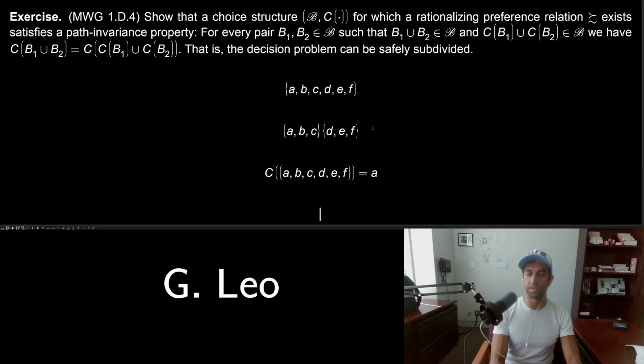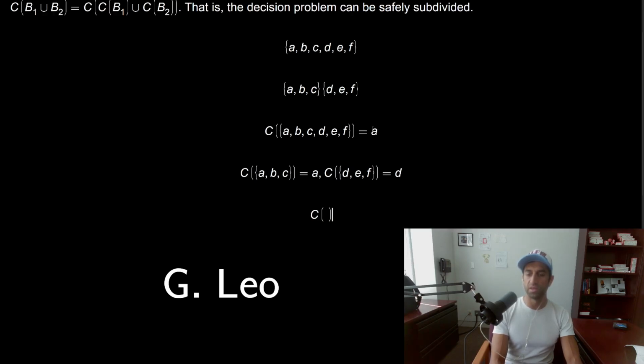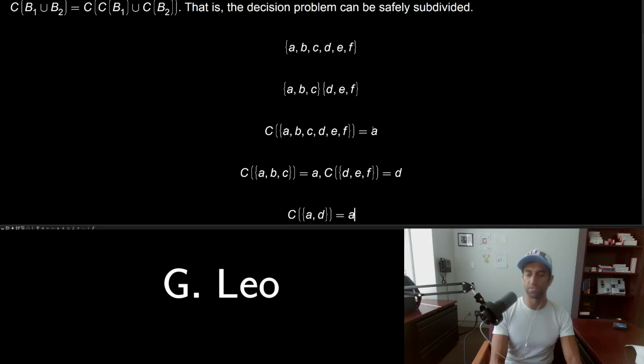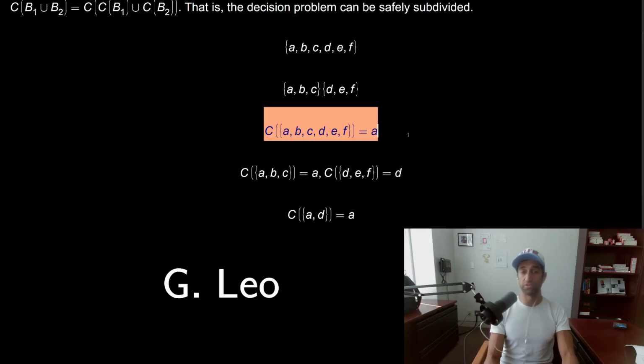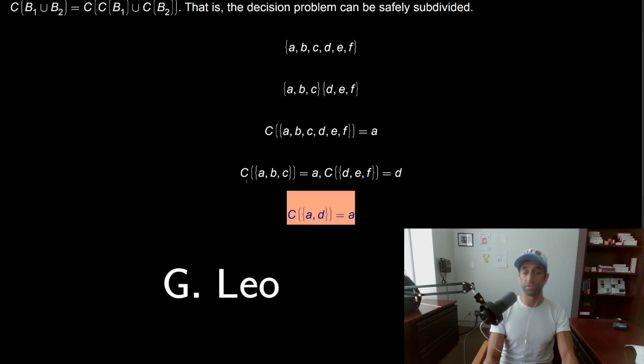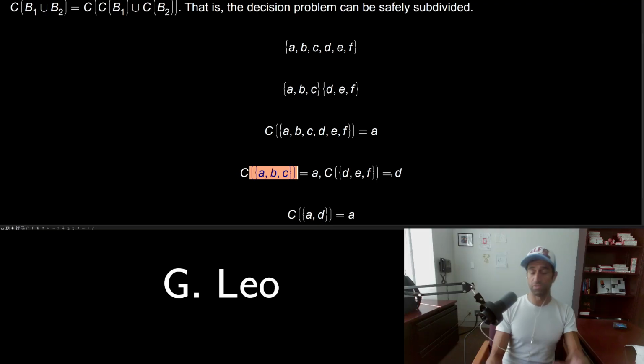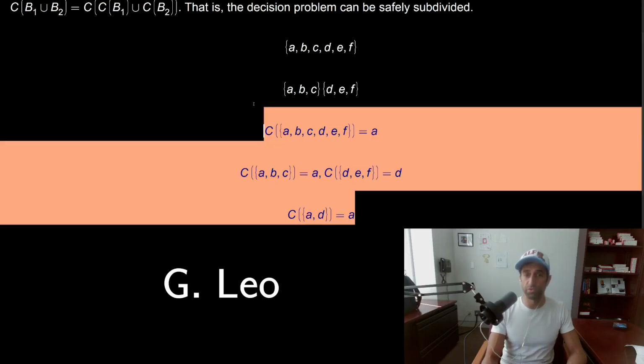Let's say your favorite from A, B, C is A, and your favorite from D, E, F is D. Then if you chose your favorite of those things, A and D, that also has to be A. So your choice from the whole menu is the same as your choice from your favorite things of any way of breaking down that menu into submenus. That's what we're trying to prove here.